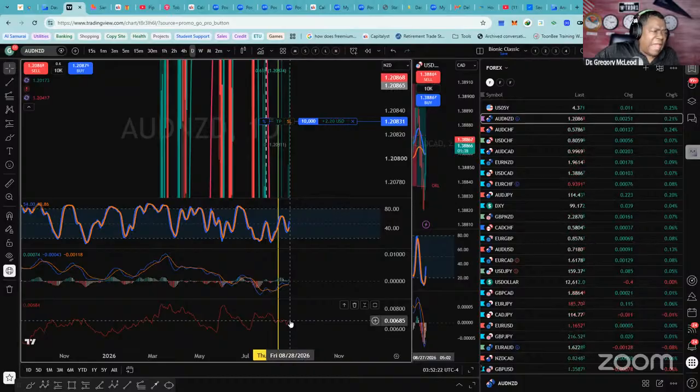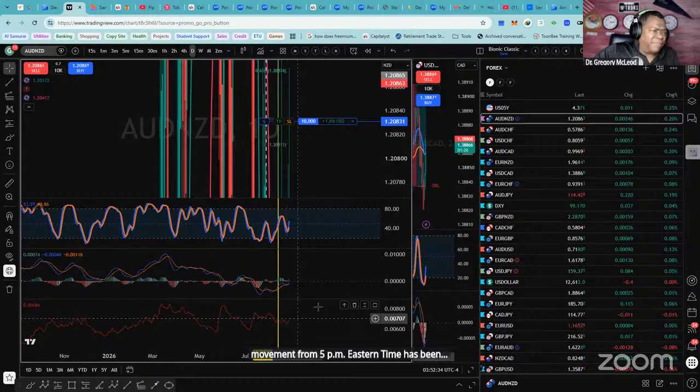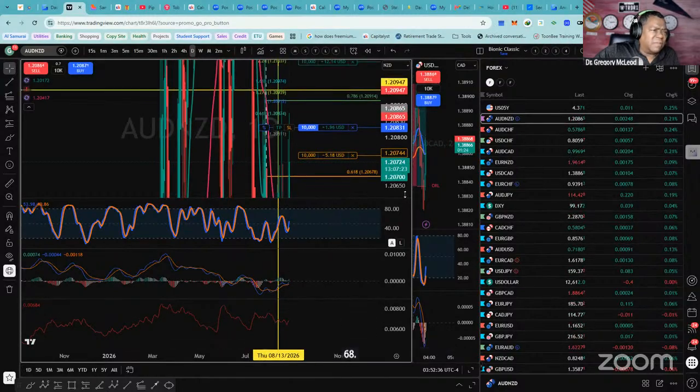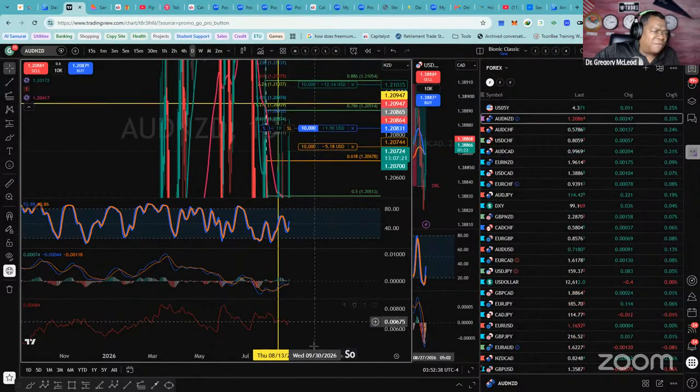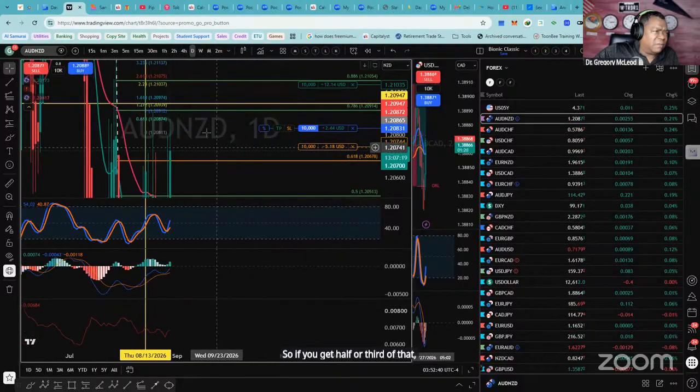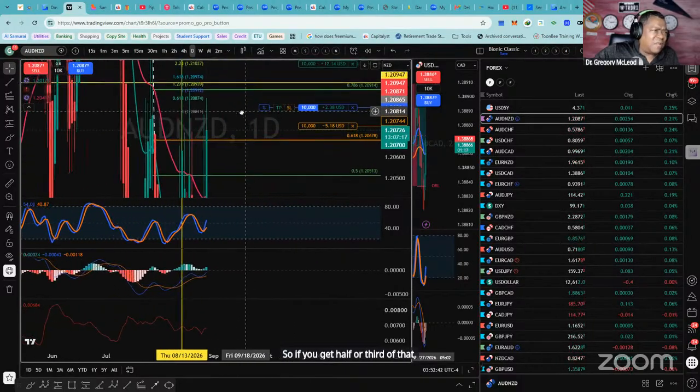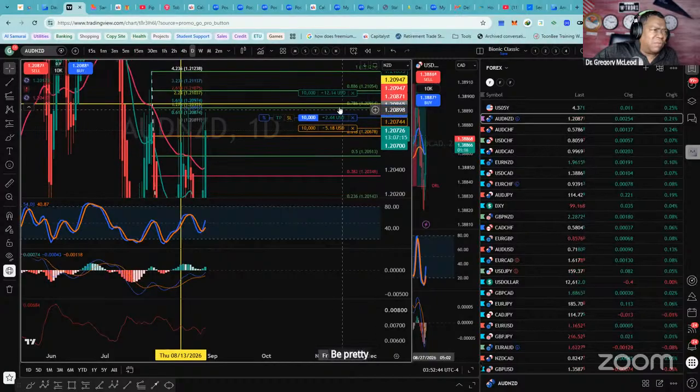This is the average daily range over 14 days. So over the past 14 days, the average movement from 5 p.m. Eastern time has been 68. So if you get half or a third of that, or 25% of that, it'd be pretty good, right? We're going for 12.